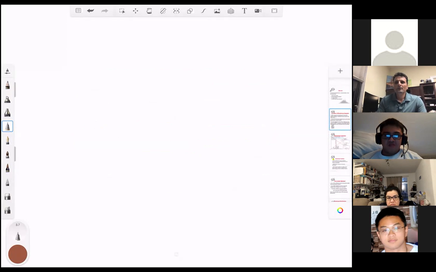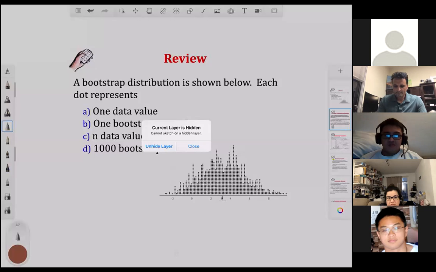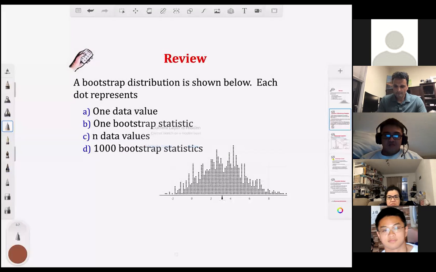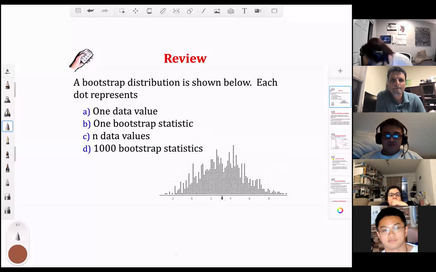All right, one question for you. You have a bootstrap distribution here. Each dot represents what? One data value, one bootstrap statistic, n data values, or 1,000 bootstrap statistics?